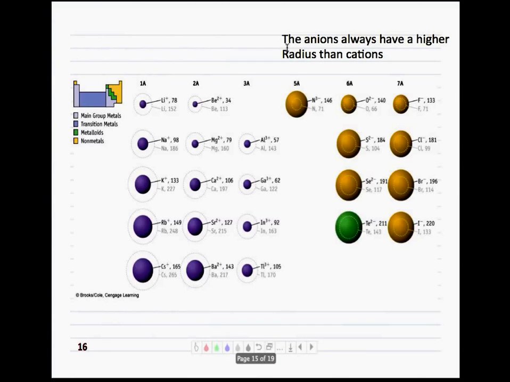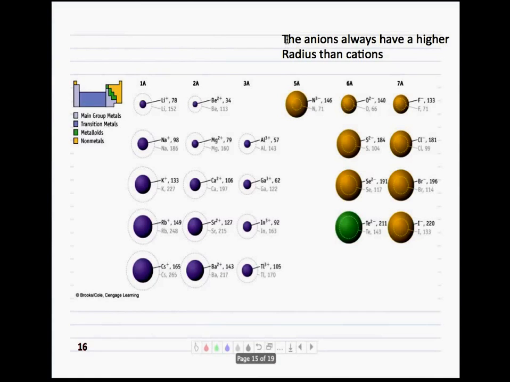Okay? So when you look at the radius of sodium, magnesium 2 plus, and aluminum 3 plus, which has the smallest radius? Clearly the aluminum 3 plus, the one with the highest charge, meaning it lost 3 electrons, is going to have the smallest radius.